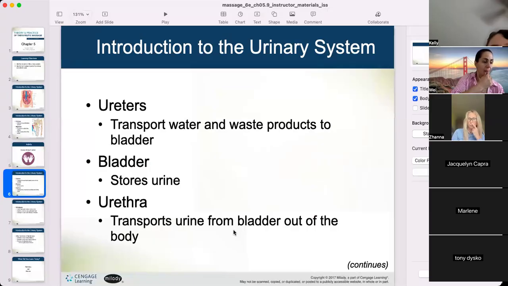Now, other things you need to know about the bladder structure: it's hollow, nothing inside, and it's controlled by involuntary muscles, okay? So we cannot voluntarily contract the bladder.